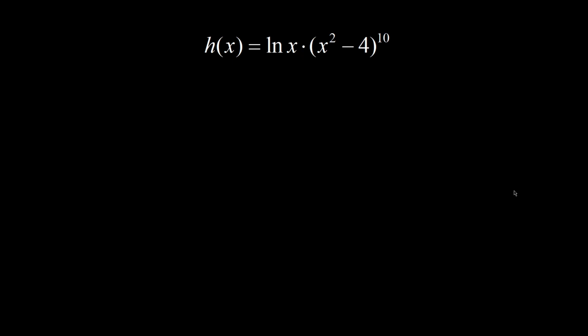Let's check out this one. What do you see here? We have a log function, we have a power function inside a power function, and they're all being multiplied together.